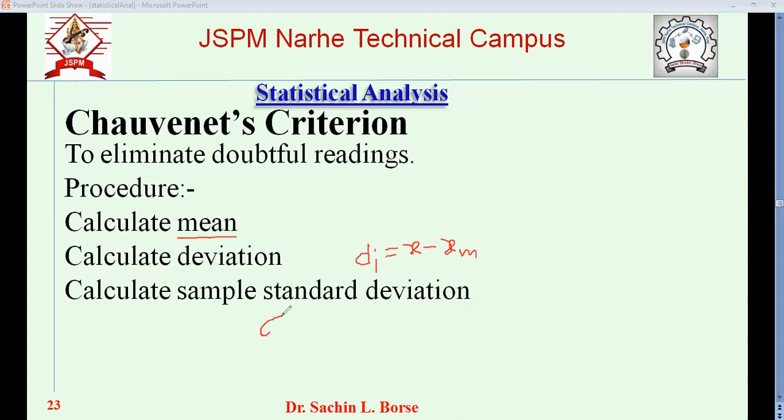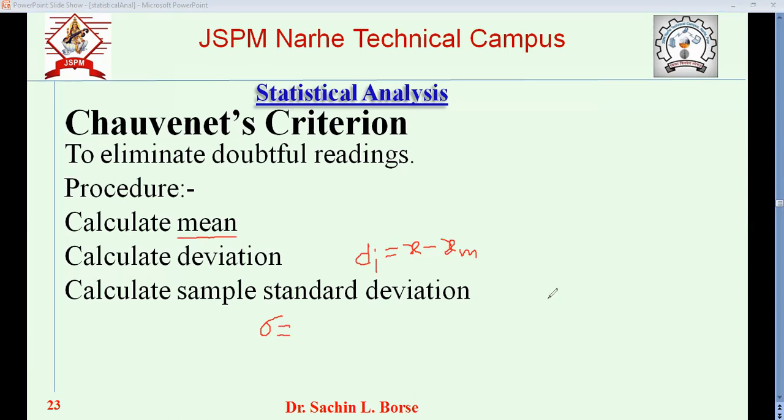Then you calculate the standard deviation. But please pay attention to the number of readings. If it is less than 20, you take the sample standard deviation. Otherwise, you take the population standard deviation.